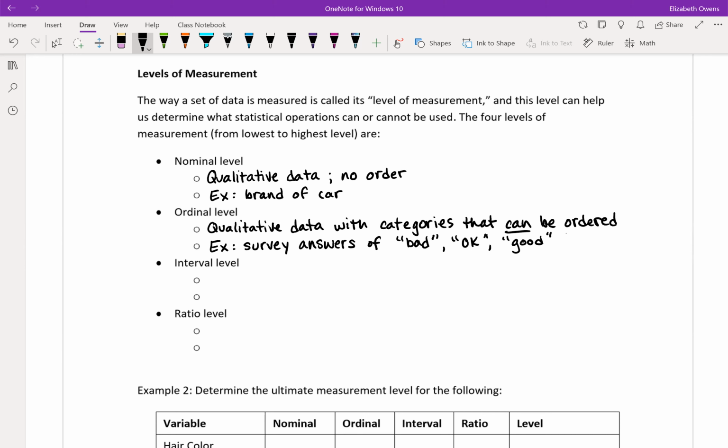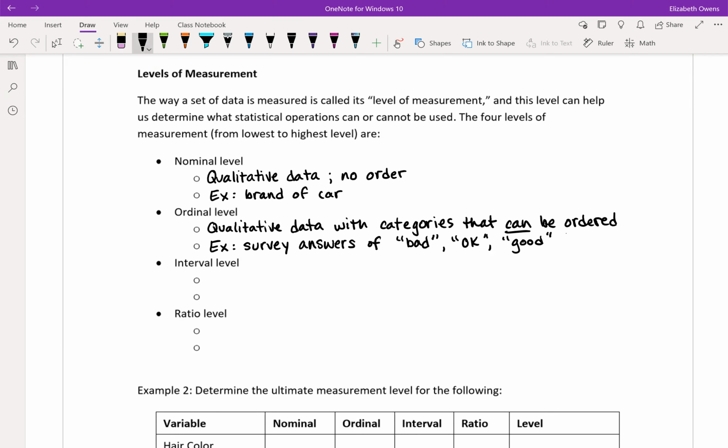So those are still qualitative data points, but they do have an order to them. You could order them from worst to best, so going from bad to good in order, or you could go from best to worst, starting with good and then go in order down to bad, and okay is just in the middle. So that would be an ordinal level of measurement.